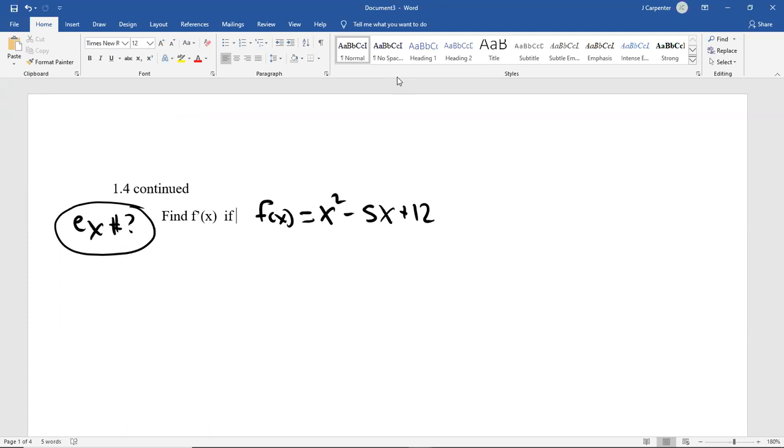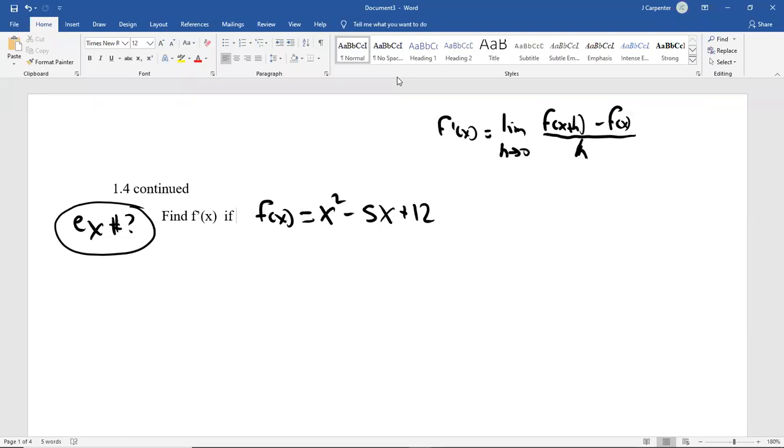Remember that the definition of f prime of x is the limit as h goes to 0 of f of x plus h minus f of x all over h. You have to have that memorized for this chapter, and then for the final exam.